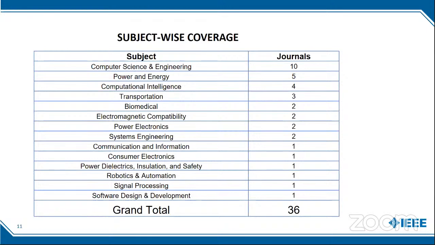You can see that AKTU has handpicked all these journals very wisely, because this number 36 is covering almost all the different subject areas, from computer science and engineering, power and energy, computational intelligence, transportation, biomedical, power electronics, communication, consumer electronics, robotics, signal, software design and development.